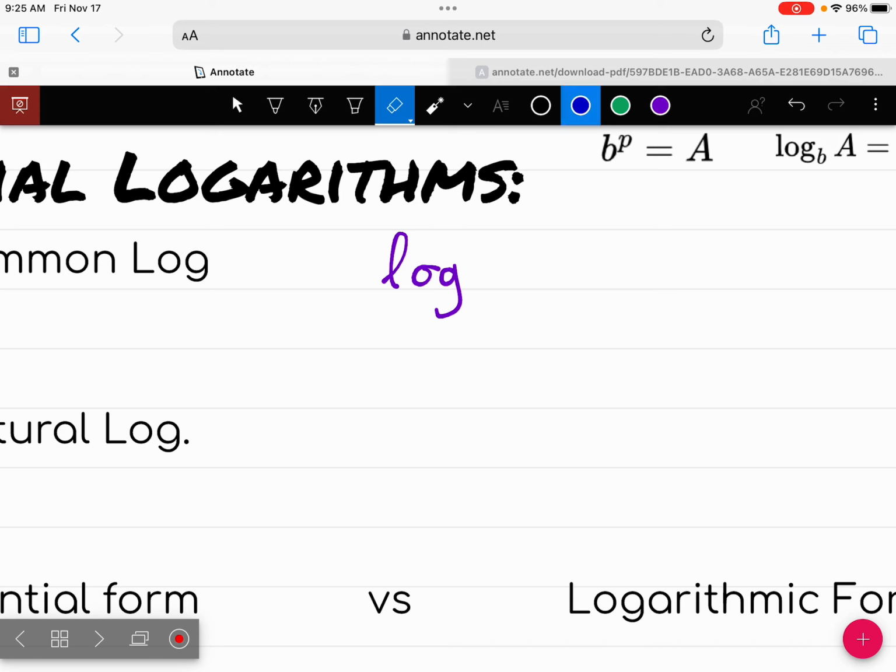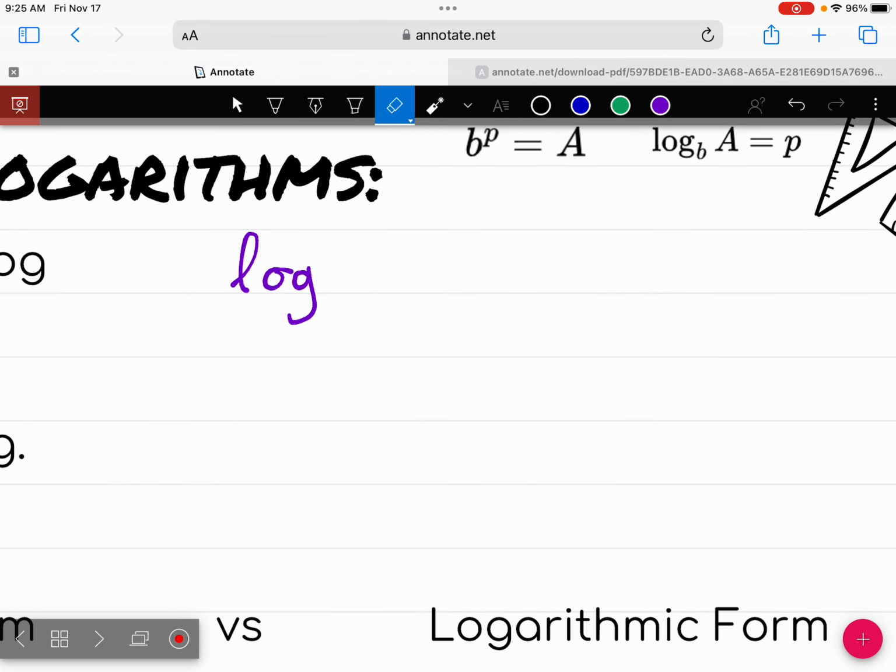Okay, so a common log we don't actually write the base on. The common log has a base of, do you remember? Base 10. The reason we love that, it goes quite lovely into the calculator. It is in fact the first button south of the green button, is the common log.